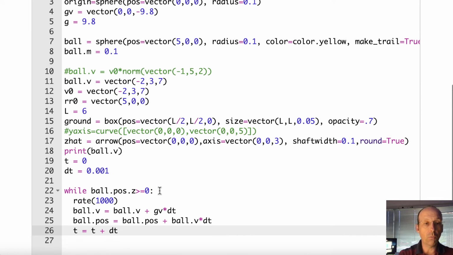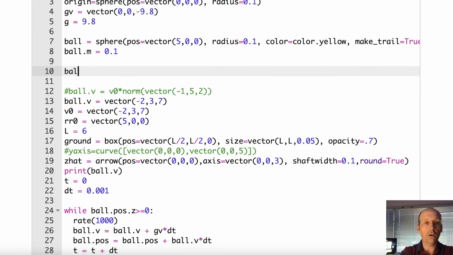Okay, so let's go up here. We've already got that all working. Let's make another ball. I'm going to call this one ball2, and it's going to be a sphere in the same position.